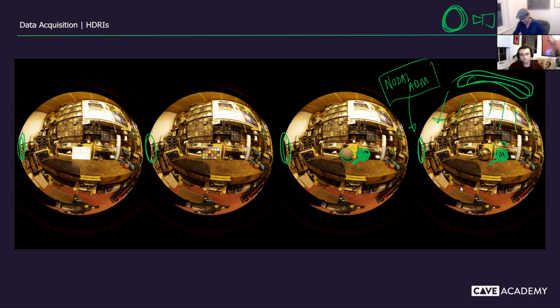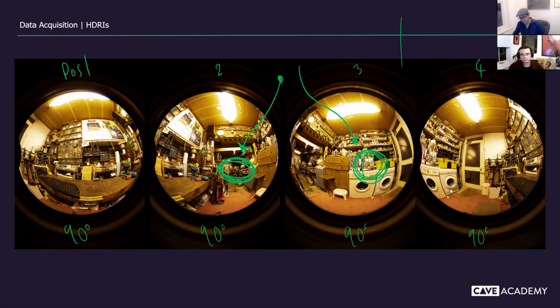So as well as having this as my primary reference, I now have a secondary bit of reference. As long as they're not blocking the light, then I tend to leave them somewhere in the scene. And you should also note that you can't move anything in between these takes because the stitch won't work so well. So leave them where they are, but it's useful to have a second reference if you have the time to do that.